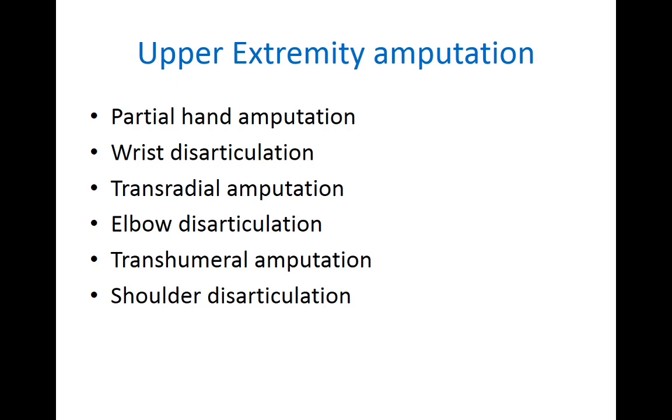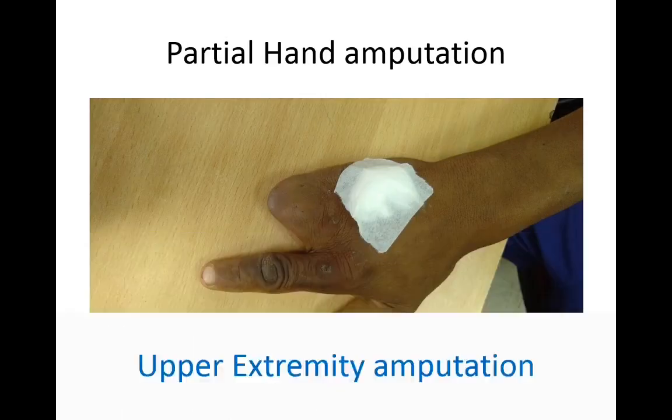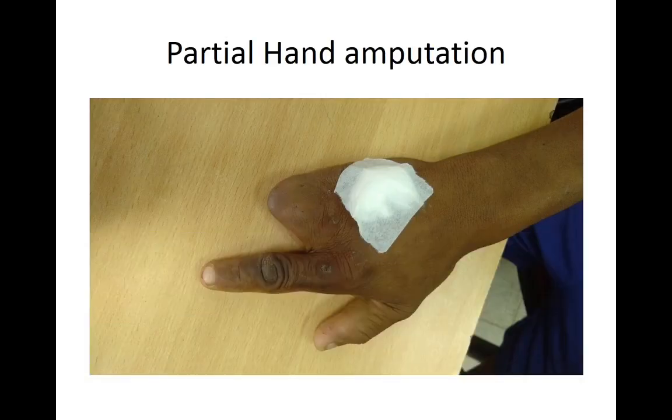I have kept only one picture in this case, of a partial hand amputation. You can see there, this patient is a burn injury patient actually, but his digits were not looking good. So this is a partial cosmetic restoration of the hand, okay. You can see all his fingers are there except his thumb and index finger, which means you can still use a gripping and grasping function with one thumb and one finger.